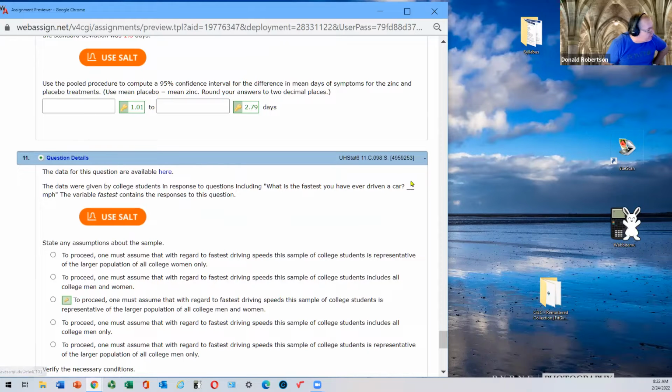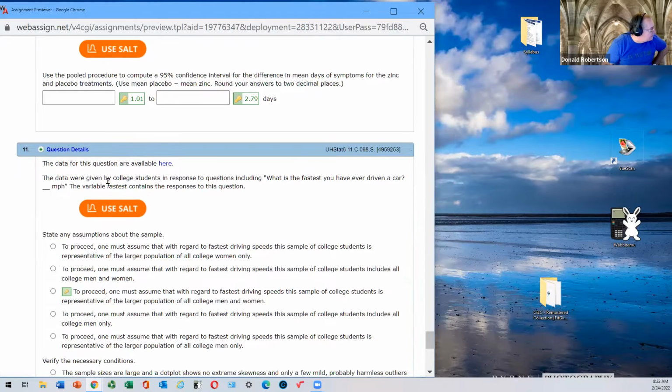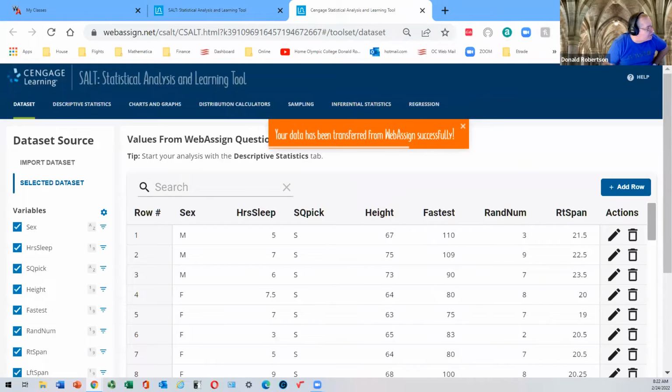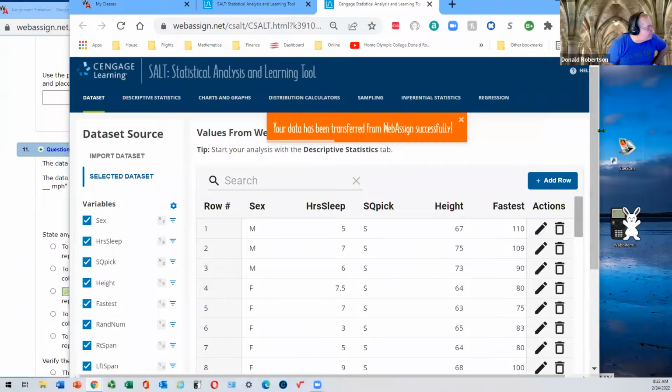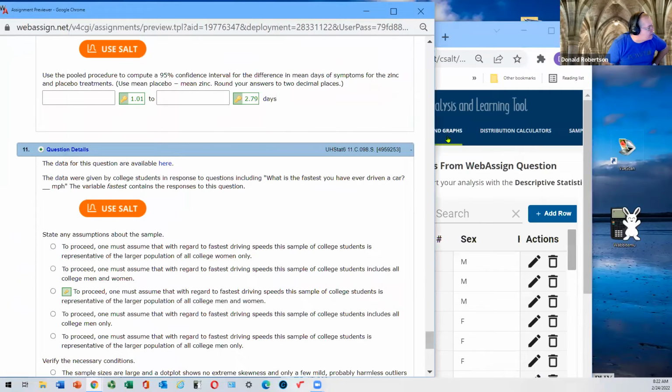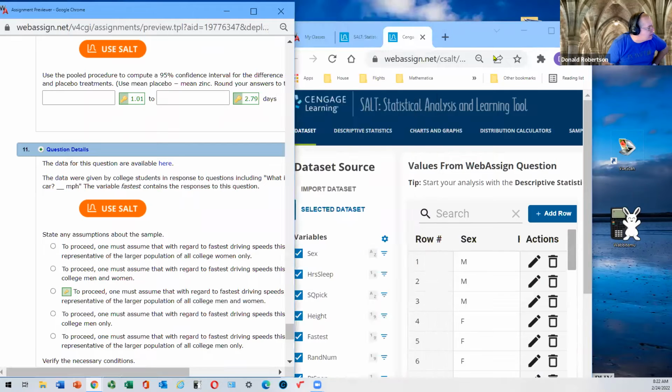So this one is question 11. The data given was college students, and we asked them what the fastest they had driven. I'm going to hit use salt, and I am going to put this as two windows next to each other.